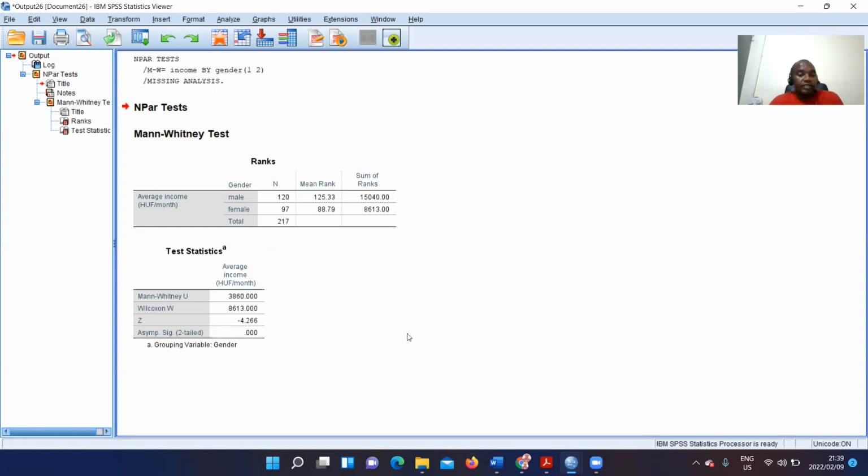And the alternative is that average incomes are not the same across different genders, between men and women. So when we check that asymptotic significance probability, we reject that null hypothesis, and we conclude that average incomes are not the same for men and women.